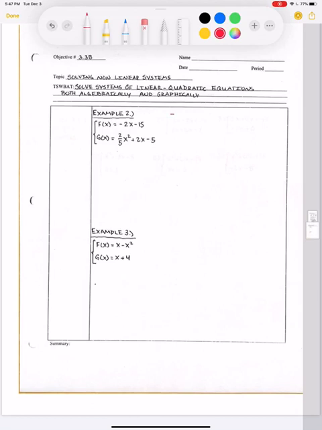And I have negative 2x minus 15 equals 2 over 5 x squared plus 2x minus 5. I'm going to go ahead and move everything over by adding 2x and adding 15.